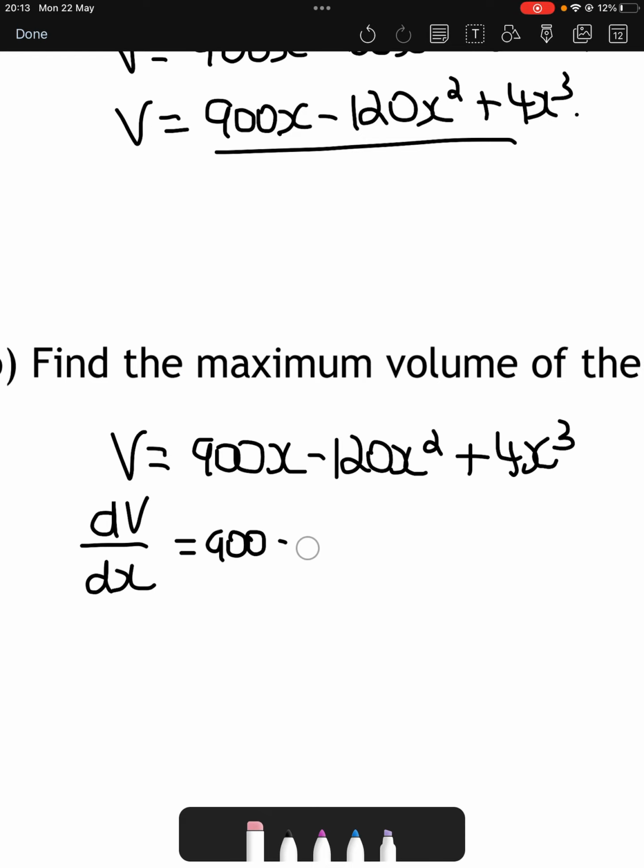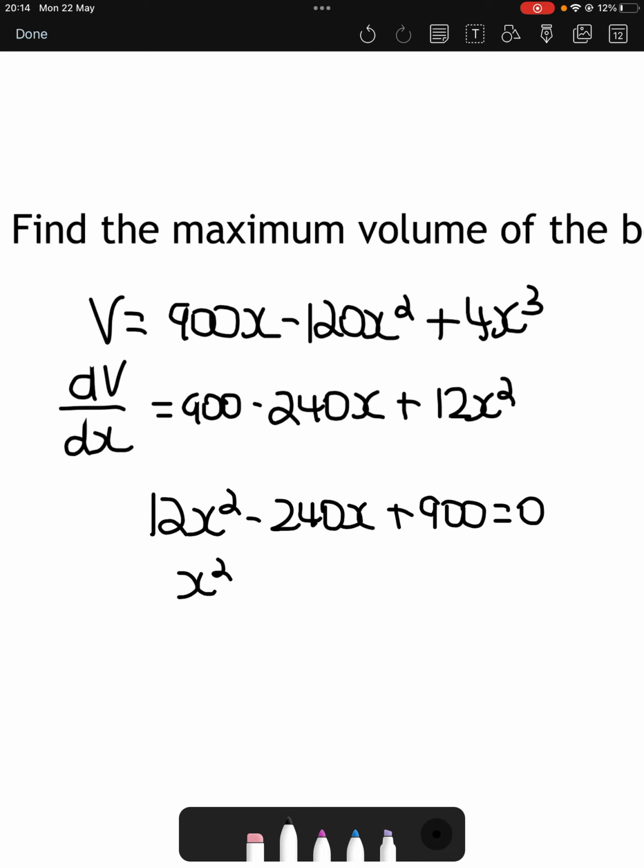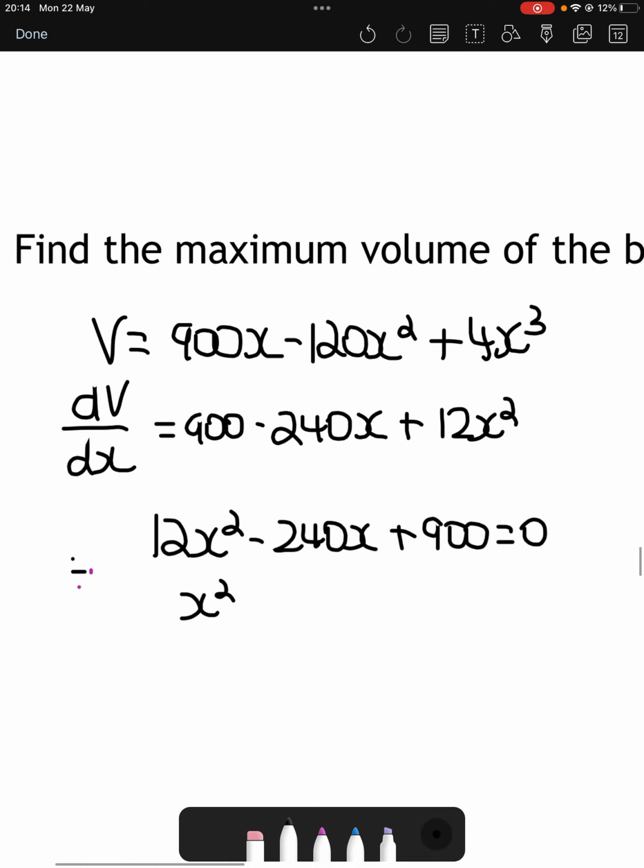Didn't bring my power down. Okay, what's your rule for stationary points? We then set equal to 0. Now, when I say equal to 0, I'm going to put it in the order that we're kind of used to. Make your life easier. Look for a common factor. Our common factor is 12. So we'll divide everything through by 12.